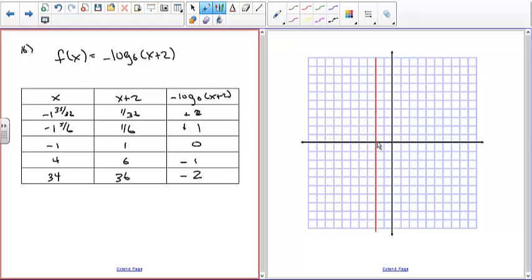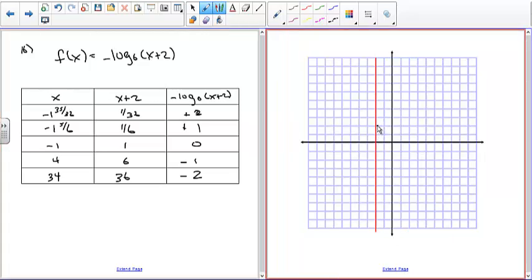So we go over 1 and 35, 36 plus 2. That puts us really close to there. Then we go 1 and 5, 6, which is really close to here, and that's plus 1. Then we go negative 1 x, 0 y, so that's that point.